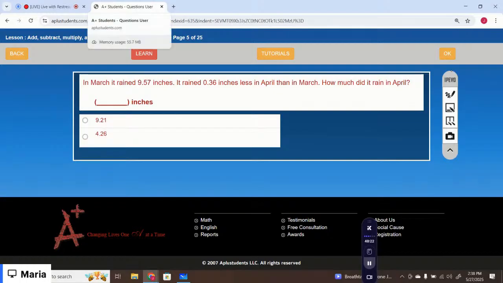In March, it rained 7 inches. It rained 0.3 inches less in April than in March. How much did it rain in April? So which is the correct option.